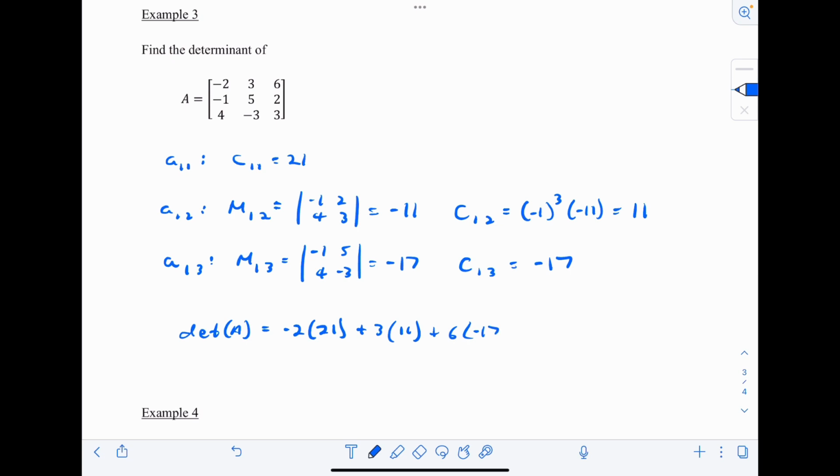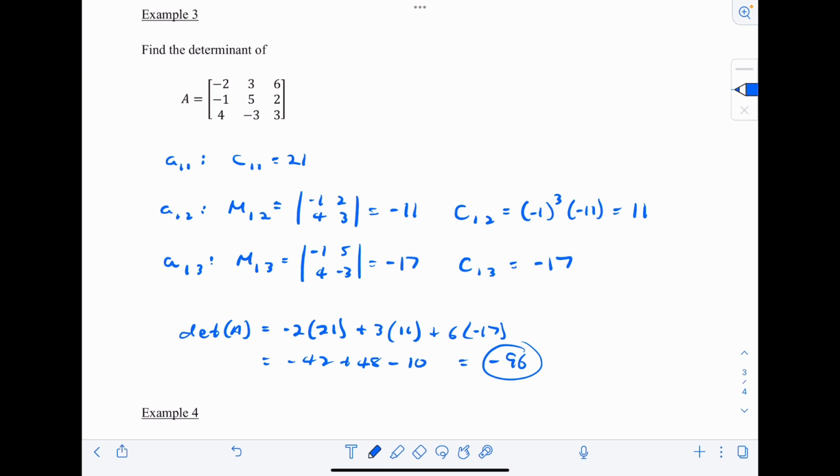And so simplifying this out, we get -42 plus 48 is 6, minus 102. So 6 minus 102 is -96. So that would be our determinant for that matrix.